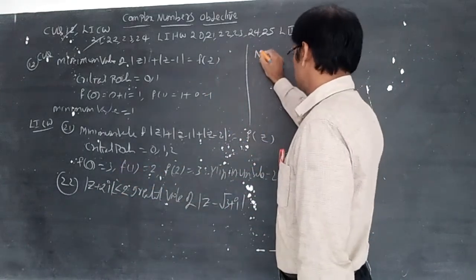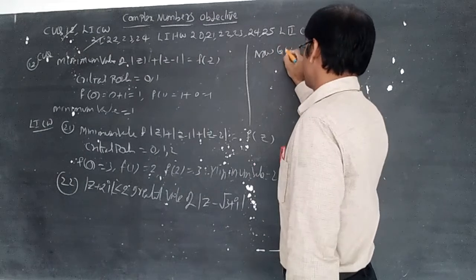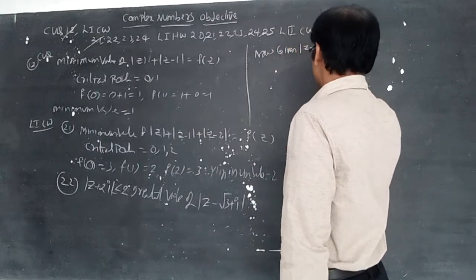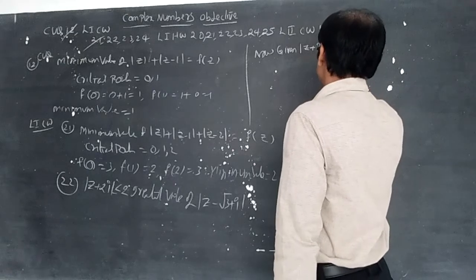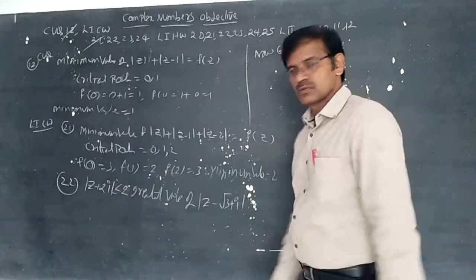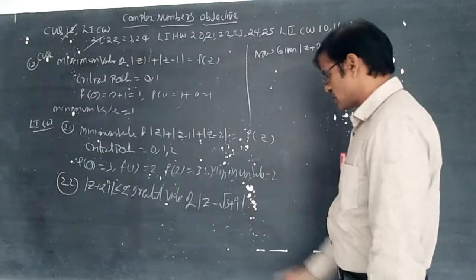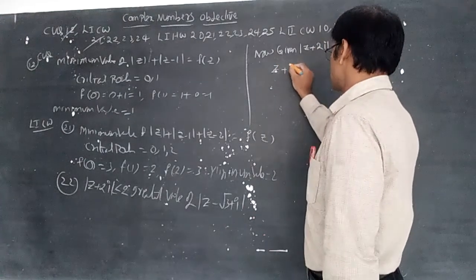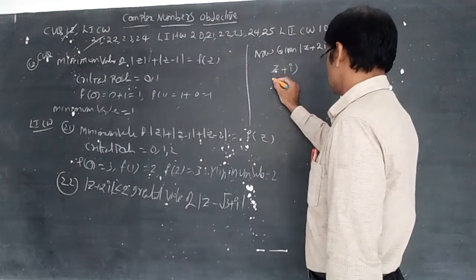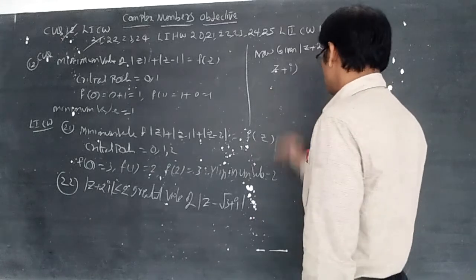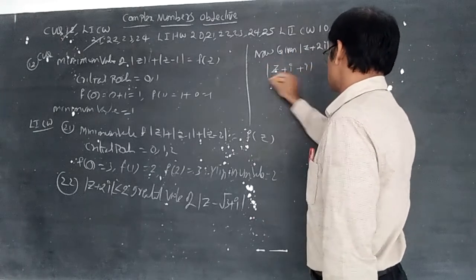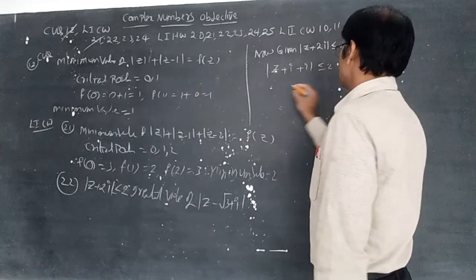Now, given modulus of z plus 2i less than or equal to 2, you need to convert this one. Like this you should write z plus i, z minus root 3 plus i, like this you should write z plus i less than or equal to 2.